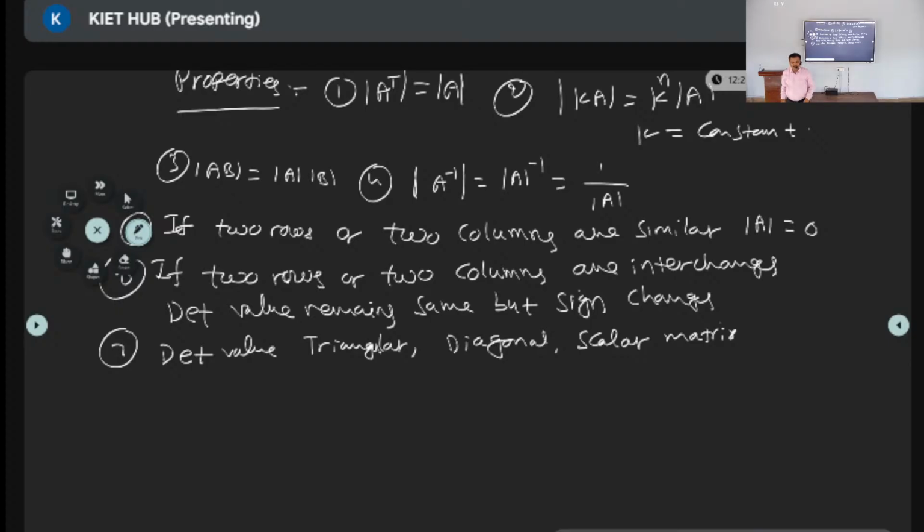Yes or no? The determinant of a triangular, diagonal or scalar matrix is equal to the product of the principal diagonal elements.